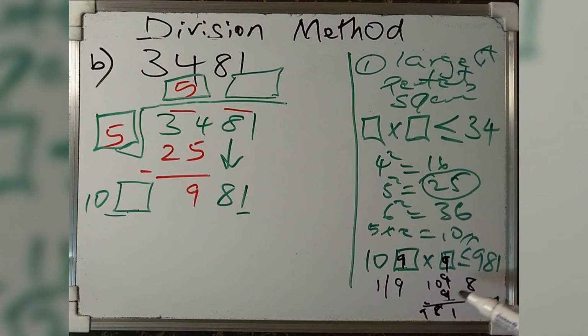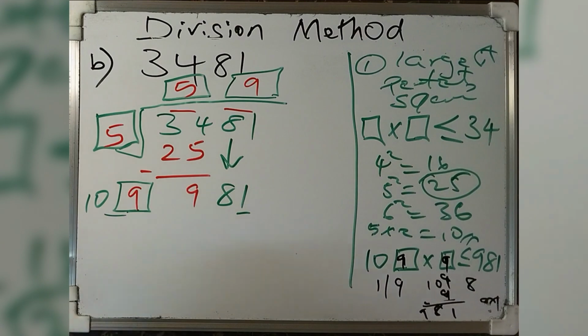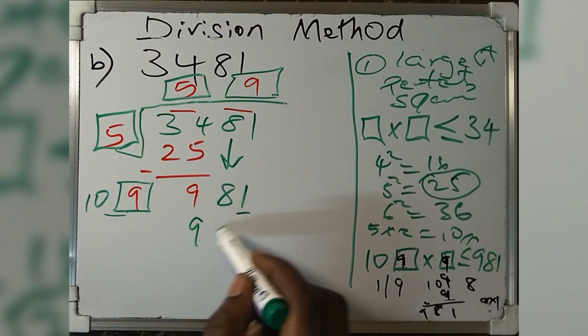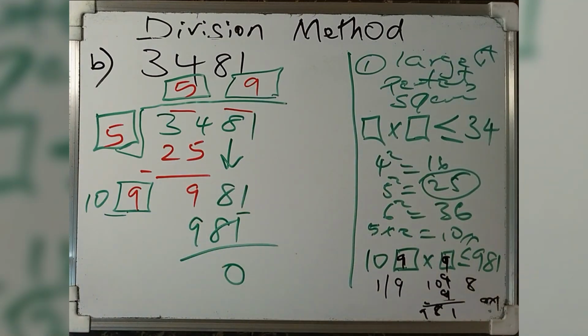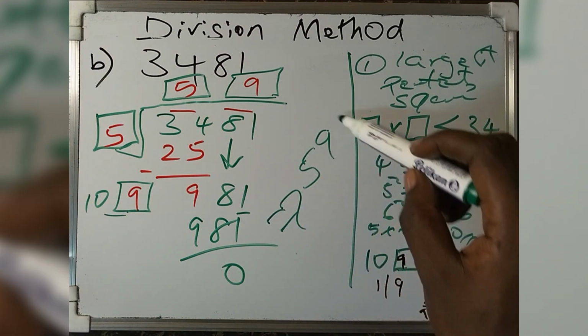So 109 times 9 gives us 981. So 9 is the perfect one. We'll have 9 here, then we'll have 9 here. 9 times 109 is 981, and this is 0. So our answer is 59.